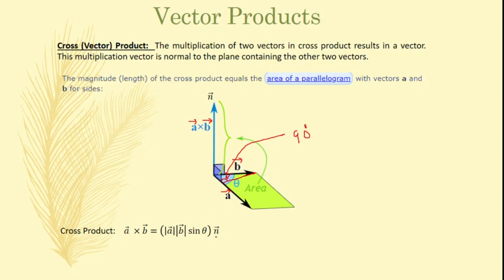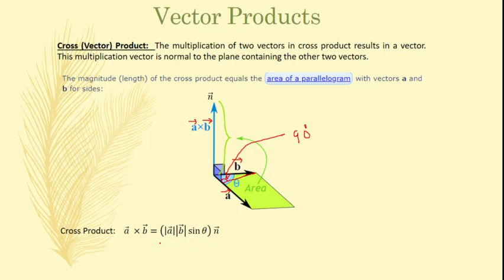Now we have to give this direction. That is why we give here the unit vector, which acts normal to this area. That is why here it is written the magnitude of the cross product equals the area of the parallelogram.